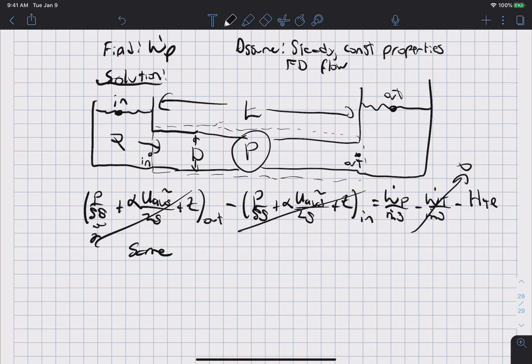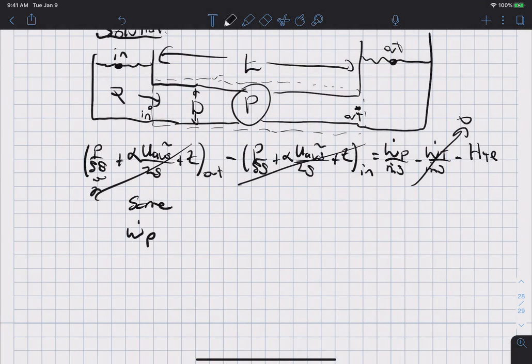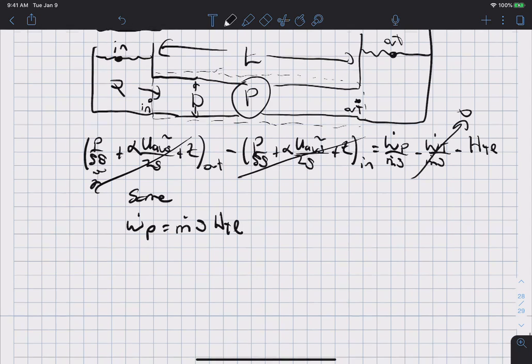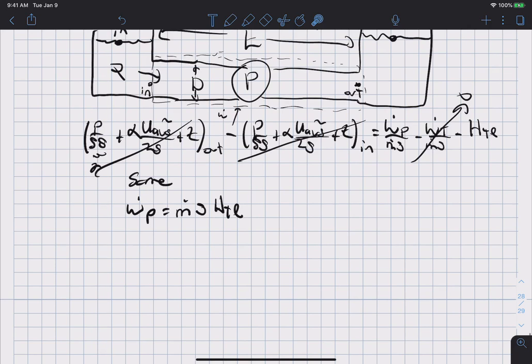So we find that the pumping work, or the power that needs to be put into the pipeline by a pump, is equal to the mass flow rate times g times the total head loss. Okay? And so that means all of the energy that is being input into the fluid by the pump is just going into what's needed to drive the flow from basically one reservoir to another reservoir.